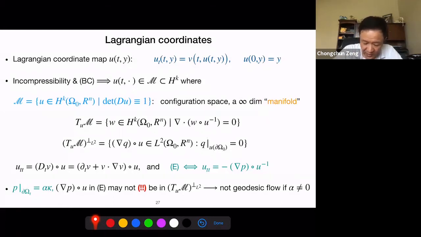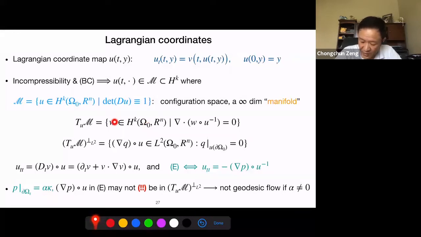The tangent space of this configuration space is given by divergence-free vector fields when you compute the divergence in the Eulerian coordinate. So W is given in the Lagrangian coordinate. You see that here, the domain is the original domain, the initial domain at time t equal to 0, so this is the Lagrangian domain. And W is defined in the Lagrangian domain, and this is a variational vector field.